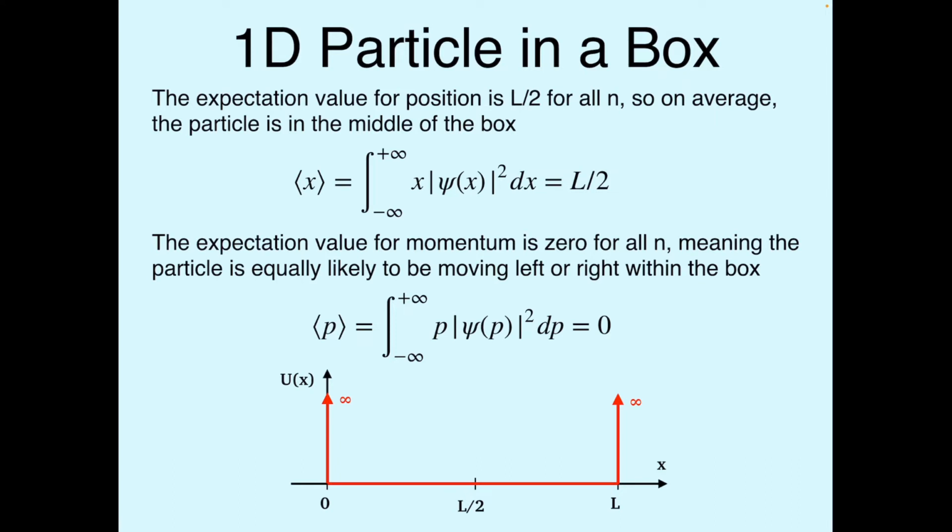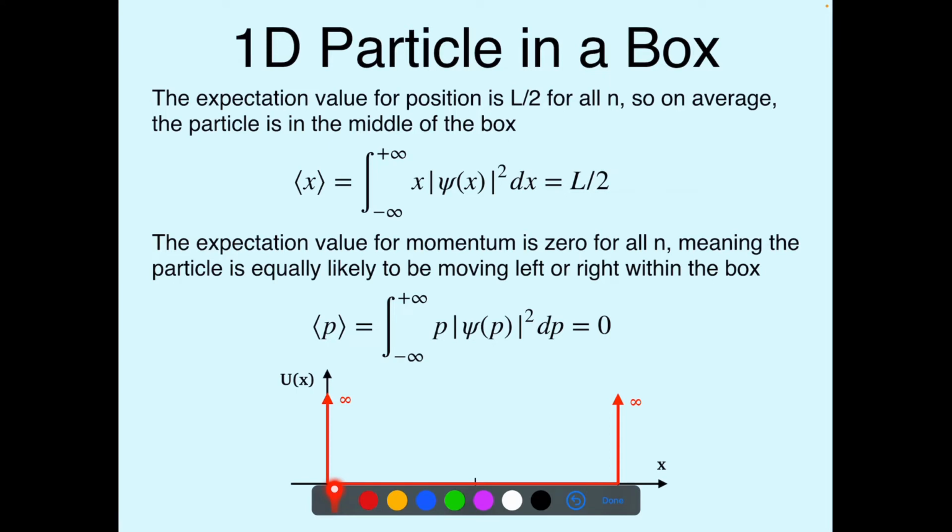So if we want to calculate the expectation value for the position, that's given by ⟨x⟩ here, that is the integral from minus infinity to infinity of x times the square of the wave function dx. So if you do this integral, you're going to get L over 2. I'm not going to work this integral out right now, but the result of this is L over 2.